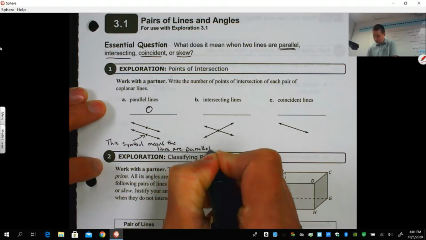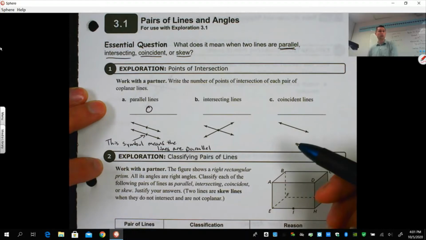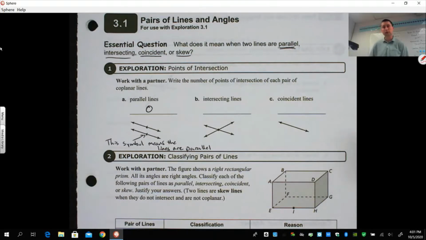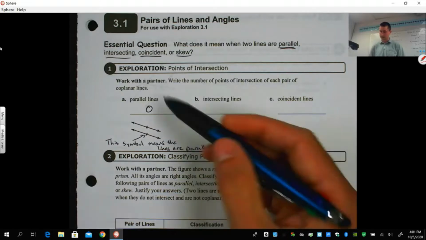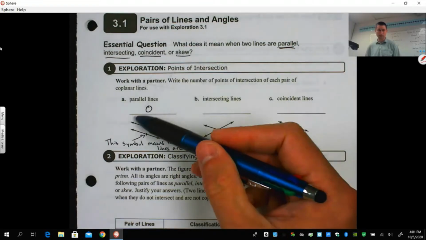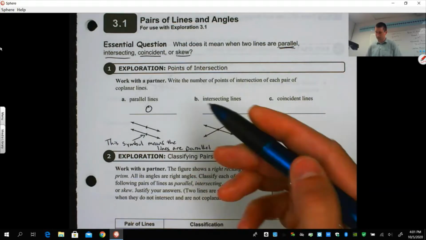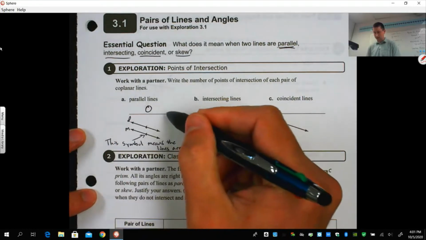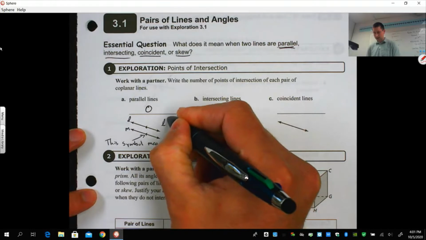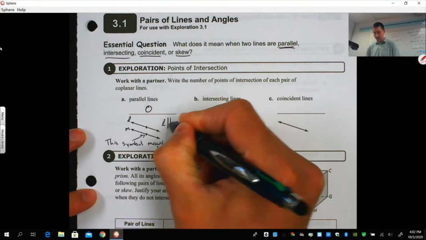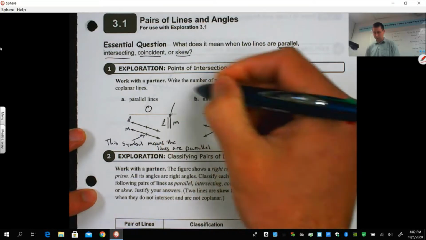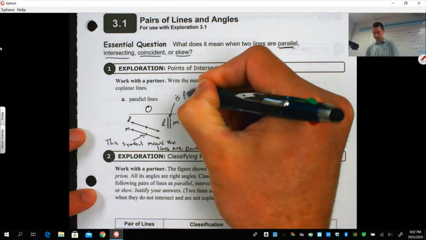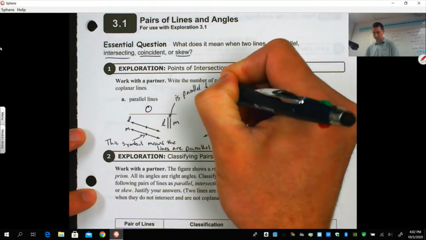So if they don't have that symbol, or if they don't tell you specifically these two lines are parallel, you cannot assume that, even if it looks like they are. They have to have the symbol, or they have to say line L is parallel to line M. Line L is parallel to line M. So if you have two vertical lines, that represents is parallel to.